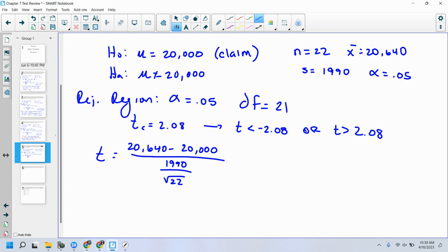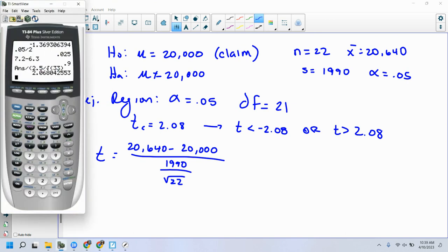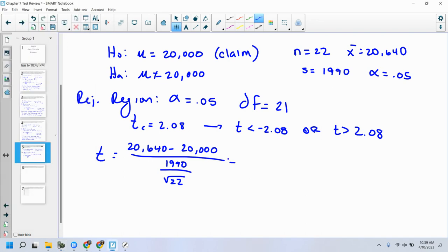Yeah, it is n. 20,640 minus 20,000 is 640, divided by 1,990 over the square root of 22, which is 1.51.